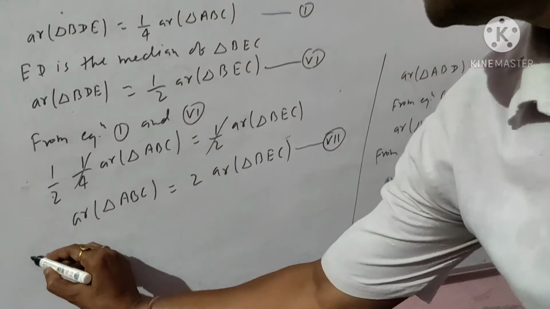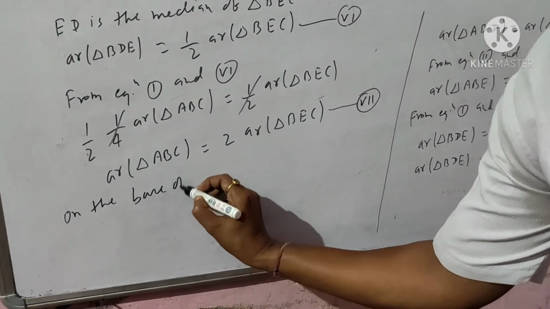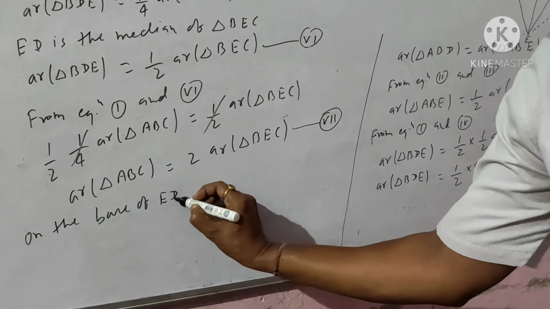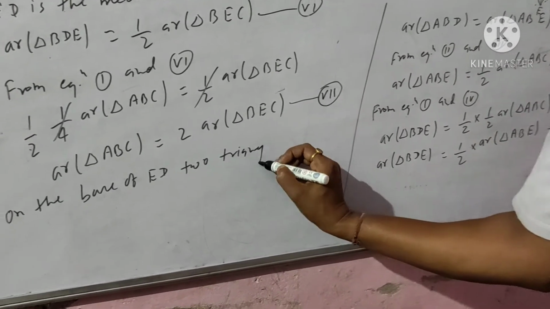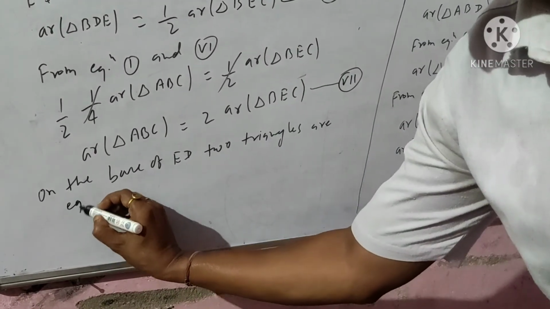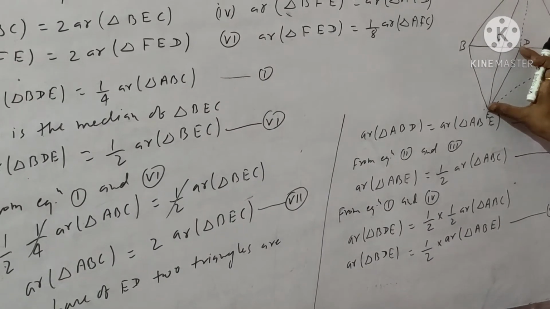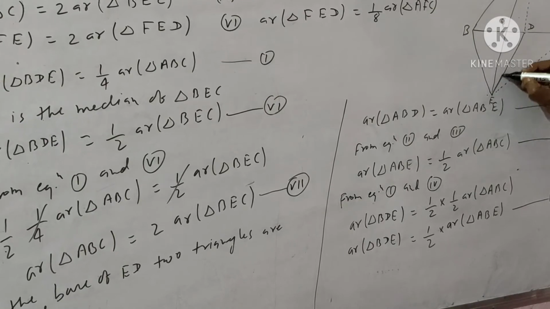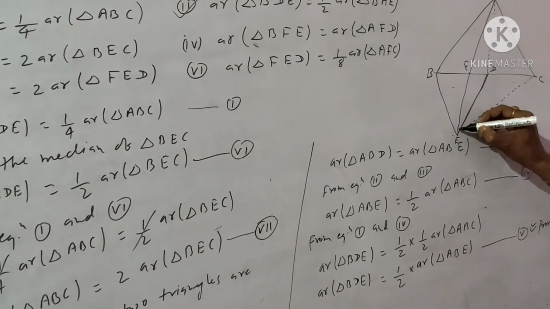Write down here. On the base of ED, here student, two triangles are equal. That means on the base of this line, one triangle is made this way and another triangle is made this way.